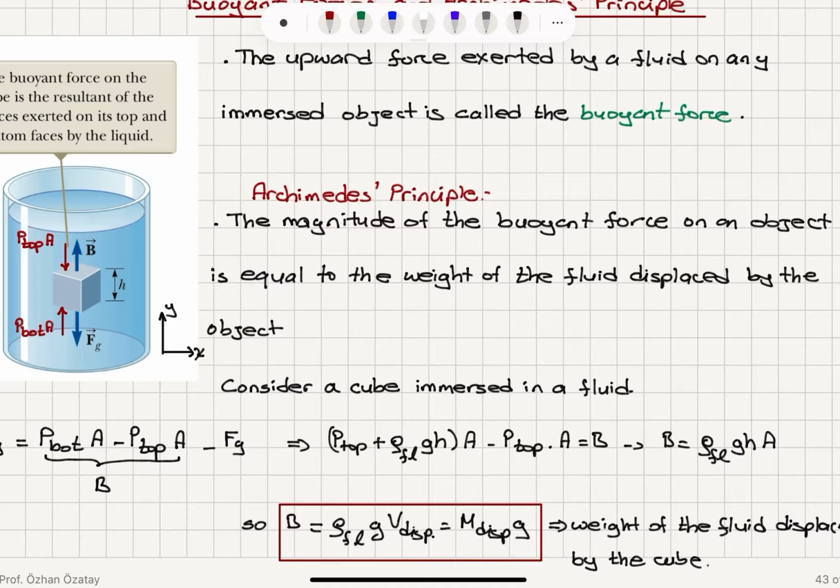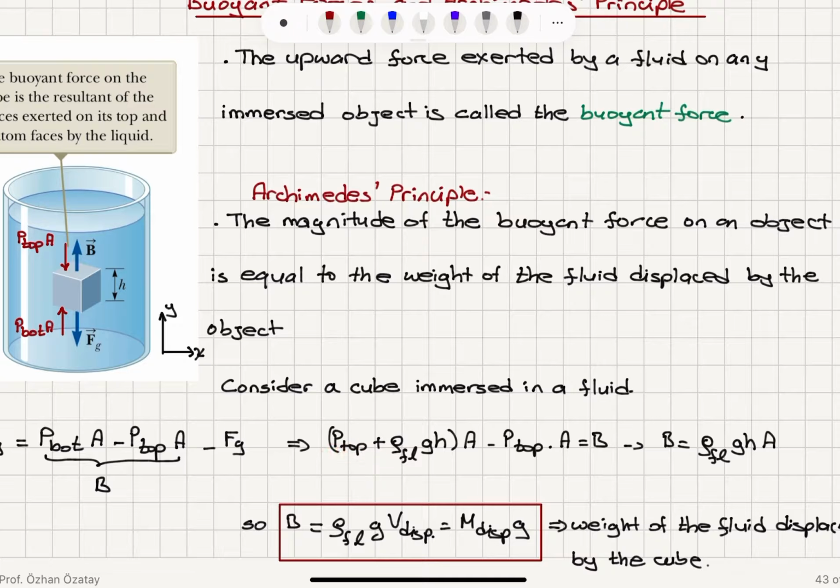Remember that the pressure varies with depth, and it's the pressure at the top surface plus rho fluid g h, that's the P bottom times A. So we have P bottom times A minus P top times A is equal to the buoyant force.